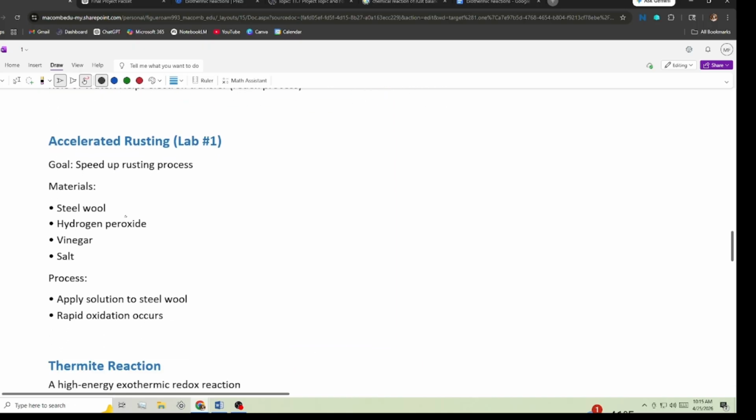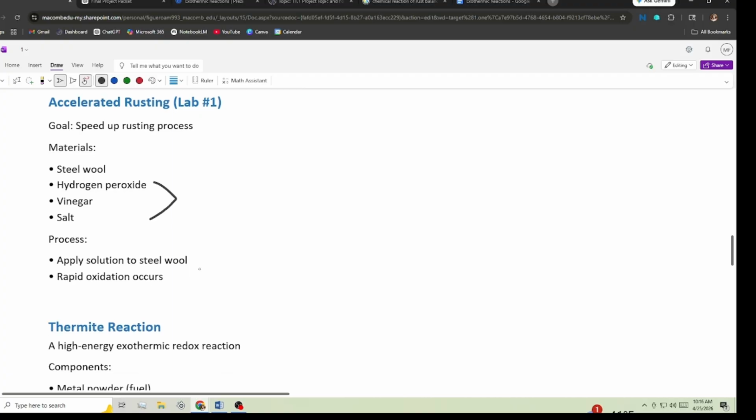For my lab experiment, I'm going to be speeding up that rust process using hydrogen peroxide, vinegar, and salt. Your hydrogen peroxide is going to be an oxidizer, replacing the role of water, and then vinegar and salt are just going to speed up that process as well, as they act like a catalyst.